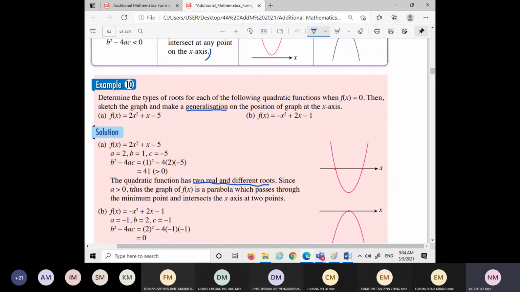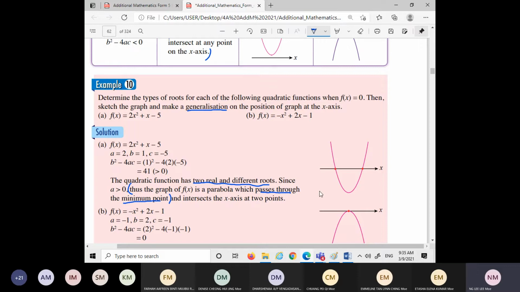The graph is a parabola which passes through the minimum point. This explains the smiling face, but when you write, you don't write this is a smiling face. This is how you write: the graph is a parabola which passes through the minimum point. This gives you the meaning of smiling face.